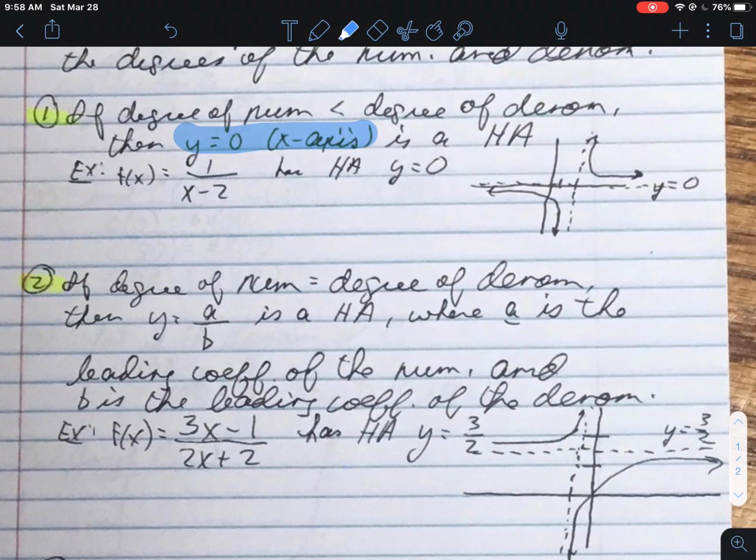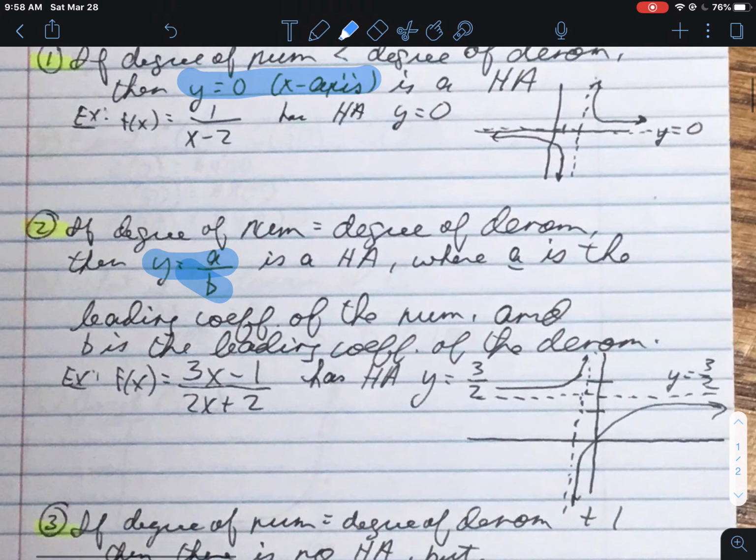Second possibility, if the degree of the numerator is equal to the degree of the denominator, then the equation y equals a over b is the equation of your horizontal asymptote, where that a value is the leading coefficient of the numerator and the b value is the leading coefficient of the denominator.